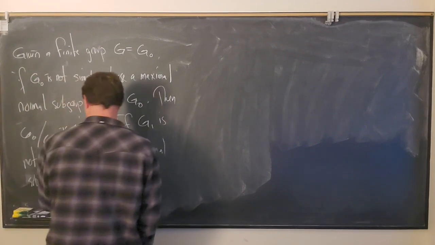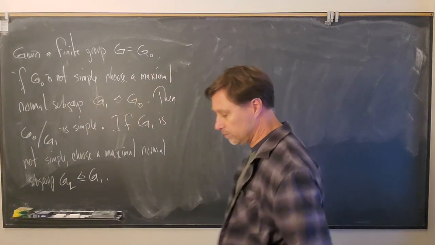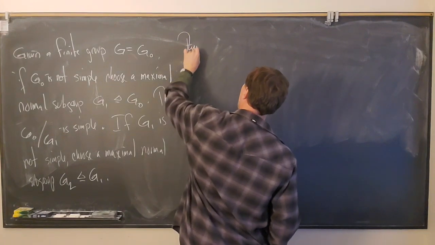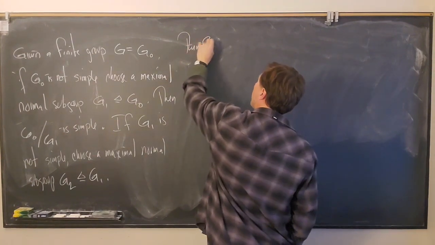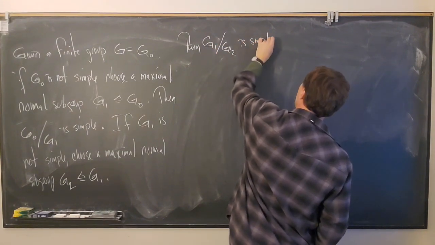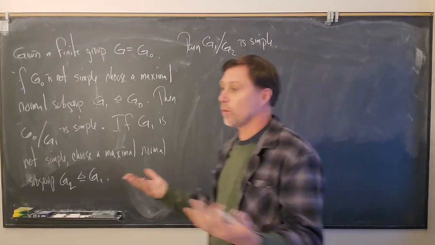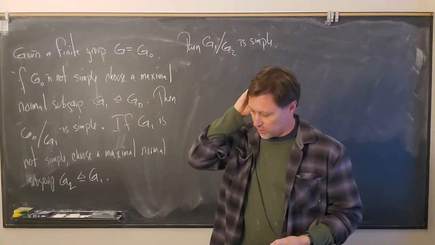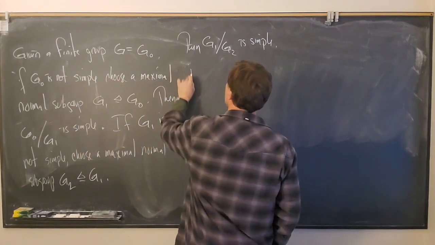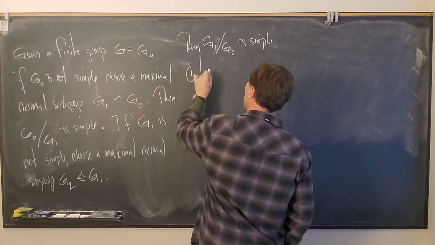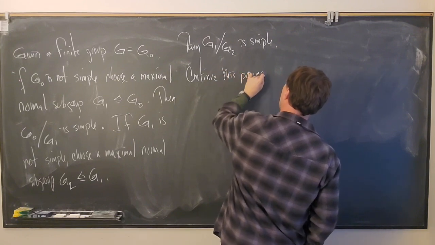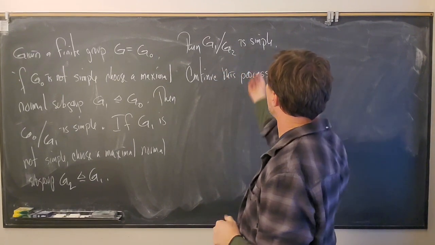All right, so now we've got G2 normal in G1, and then G1 mod G2 is simple. Then you can ask the question, is G2 simple? If not, choose a maximal normal subgroup G3, and you continue this process until eventually we arrive at a simple group.